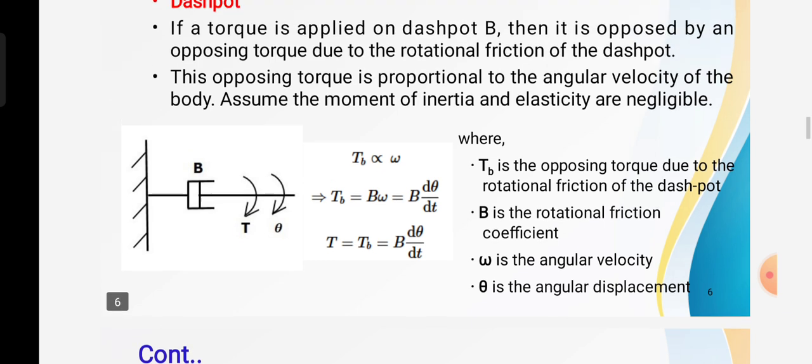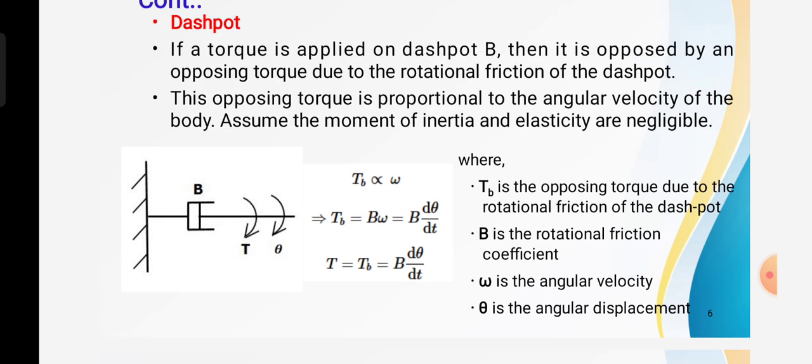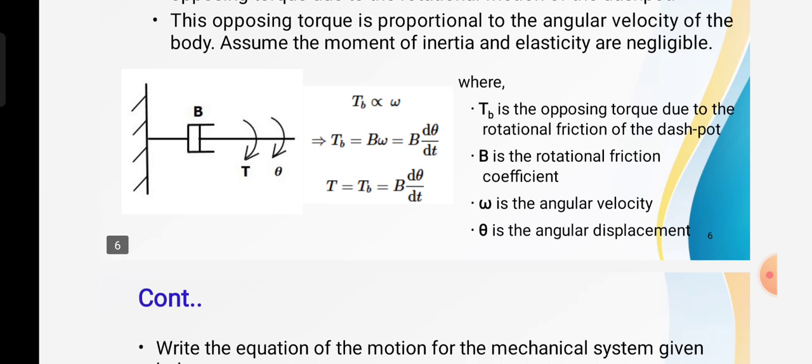Next, when the dashpot has angular displacement at both ends, the opposing torque is proportional to the differential angular velocity. Therefore T is equal to Tb, which is equal to B d by dt of (theta 1 minus theta 2).